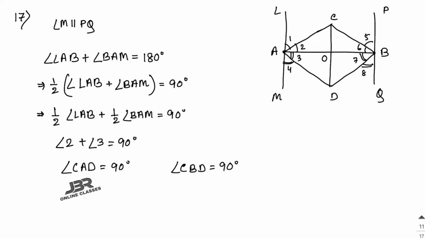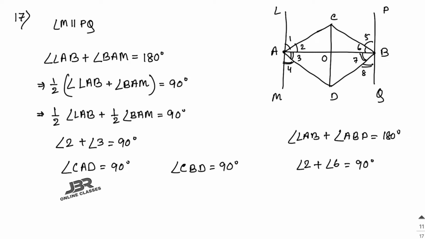Now the next one, as angle LAB plus angle ABP also equals 180 degrees, half of LAB and half of ABP equals 90 degrees. So half of LAB you can write as angle 2, and half of ABP as angle 6. So 2 plus 6 equals 90 degrees.